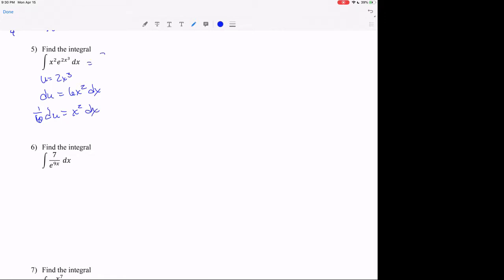So we have the integral of e to the u times 1/6 du. So we have 1/6 e to the u plus c. So that's 1/6 e to the 2x cubed plus c.